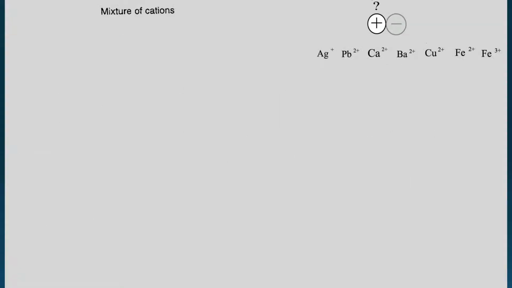Now we're going to learn about testing. We first test for the positive ion. The solution contains Ag, Pb, calcium, barium, copper, or iron, Fe2+ and Fe3+, and we want to find out what positive ion is contained in the solution. First, I put in a soluble chloride.